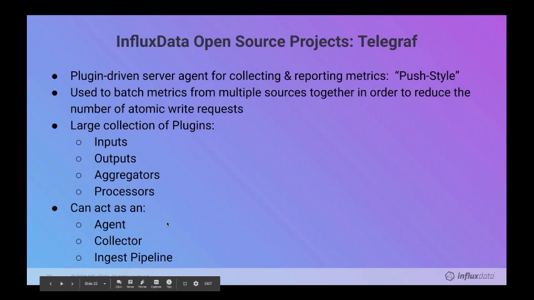You can ingest from common programs like Postgres and Redis, etc. And also you can ingest from third-party APIs like MailChimp and CloudWatch. Then you can send this data to a variety of different destinations with output plugins. That includes InfluxDB, but also Graphite, OpenTSDB, Datadog, Librato, Kafka, MQTT, Prometheus, and a lot more.